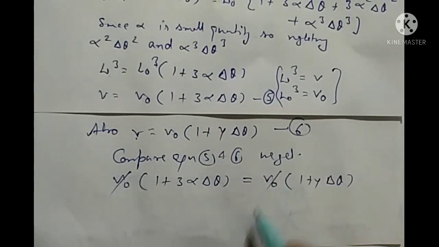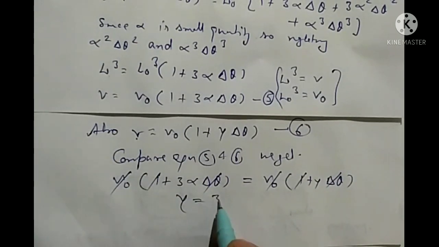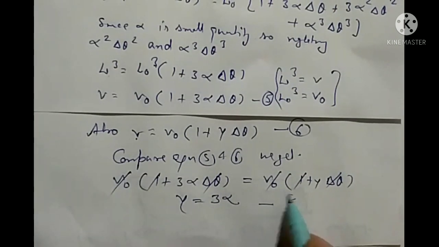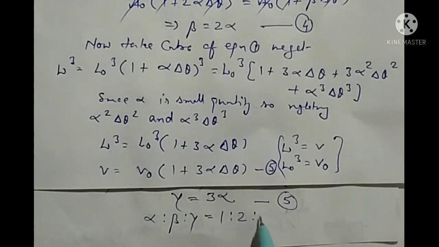Here V naught cancels with V naught, 1 with 1, del theta with del theta. We are left with gamma is equal to 3 alpha. And this is equation number 5. By using equation 4 and 5, we get alpha ratio beta ratio gamma is equal to 1 ratio 2 ratio 3.